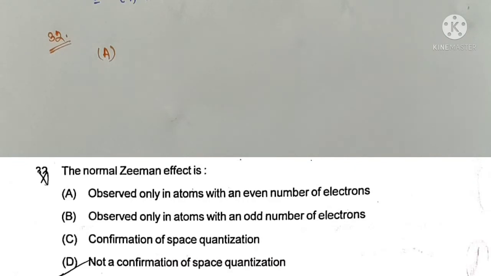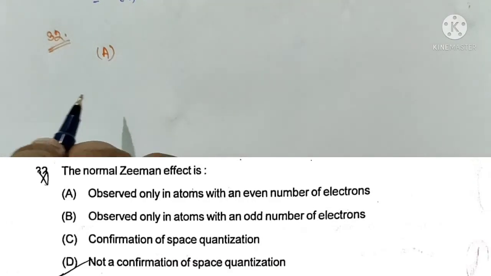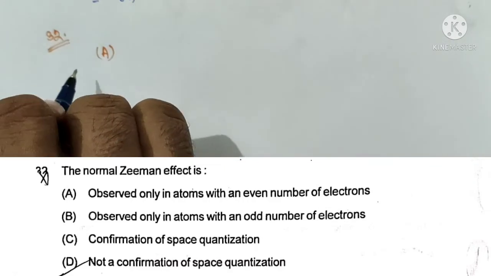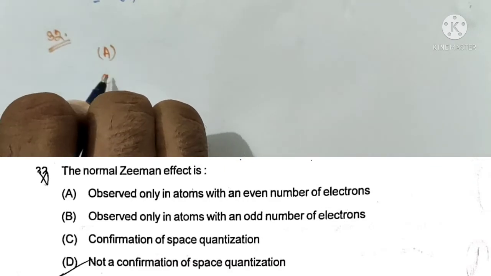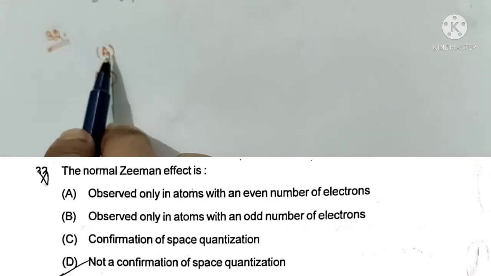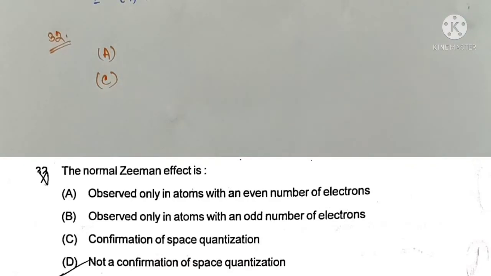Now option B, observed only in atoms with an odd number of electrons, that is not correct. Now confirmation of space quantization, yes, the normal Zeeman effect is a confirmation of space quantization, so option C is also correct. So both these options are correct and option D is not correct. So for question 32 both options are correct.